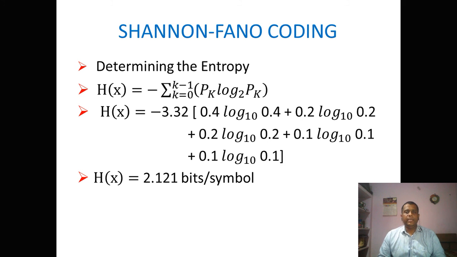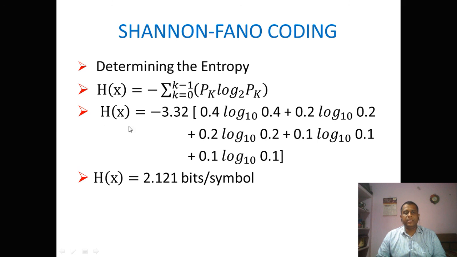Next, we will find the entropy of the Shannon Fano coding. For this, the formula used is H of X equals minus the summation of k equal to 0 to K minus 1 of p of k into log to the base 2 of p of k. As you know, log to the base 2 is not possible to calculate on a calculator, so we convert it to log base 10.